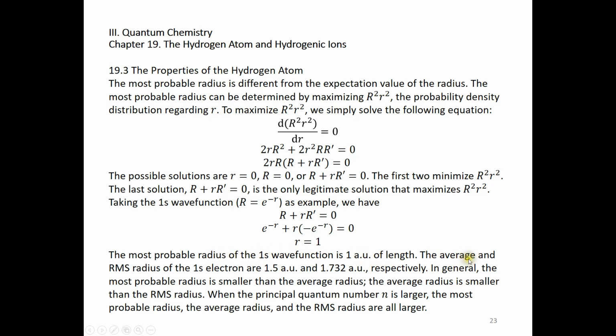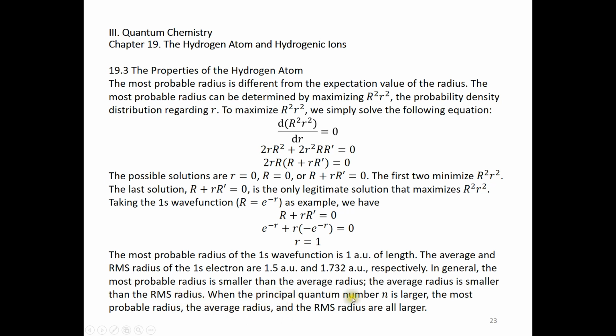It's actually smaller than the average radius, which is 1.5. The root mean squared radius is 1.732 atomic unit. So in general, the most probable radius is smaller than the average radius. The average radius is always smaller than the root mean squared radius.